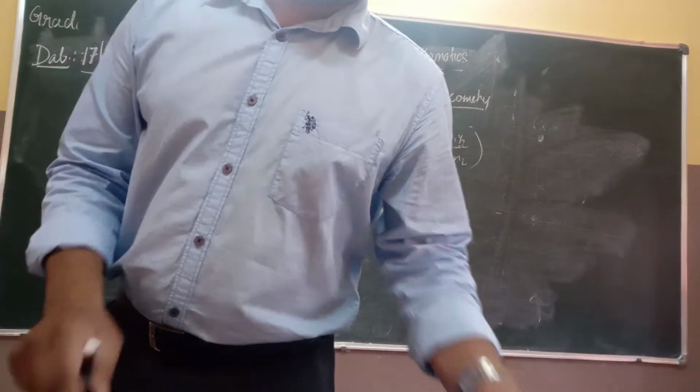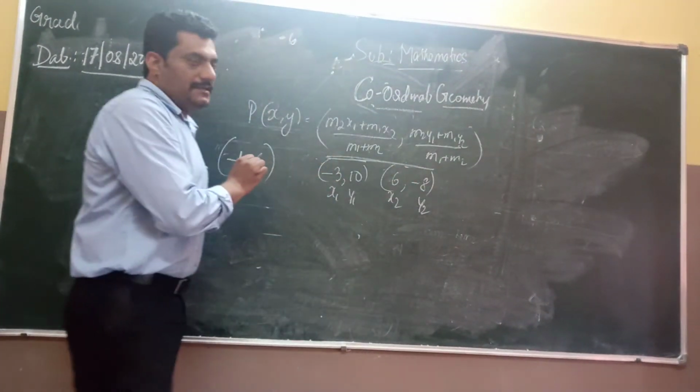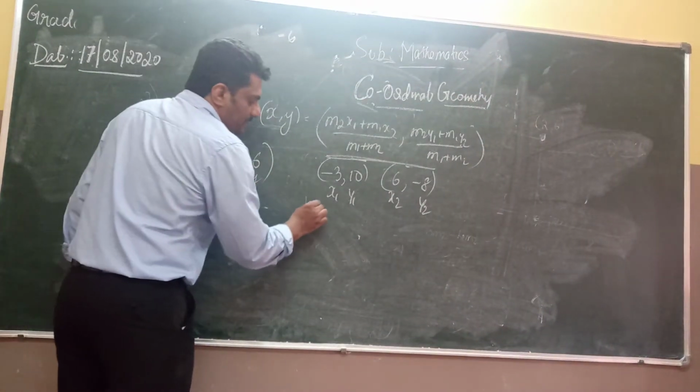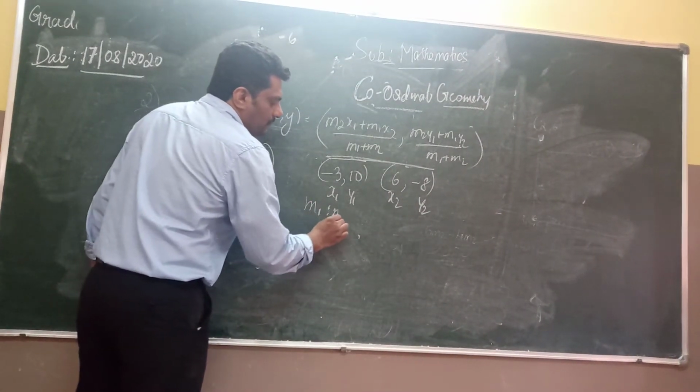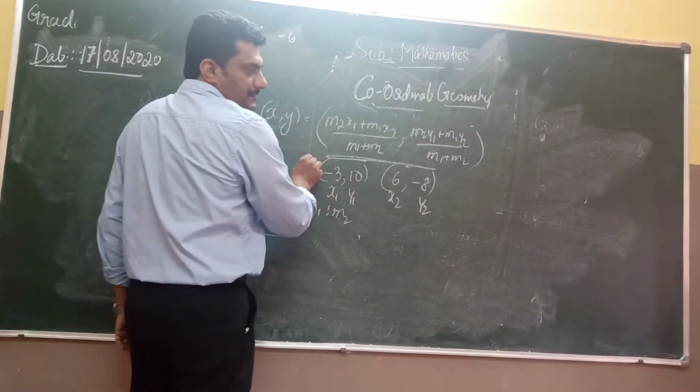This is x1, y1, x2, y2. In this question, these are the 2 points and this is x, y. They are asking you to find m1 is to m2. Now we have this formula, right?